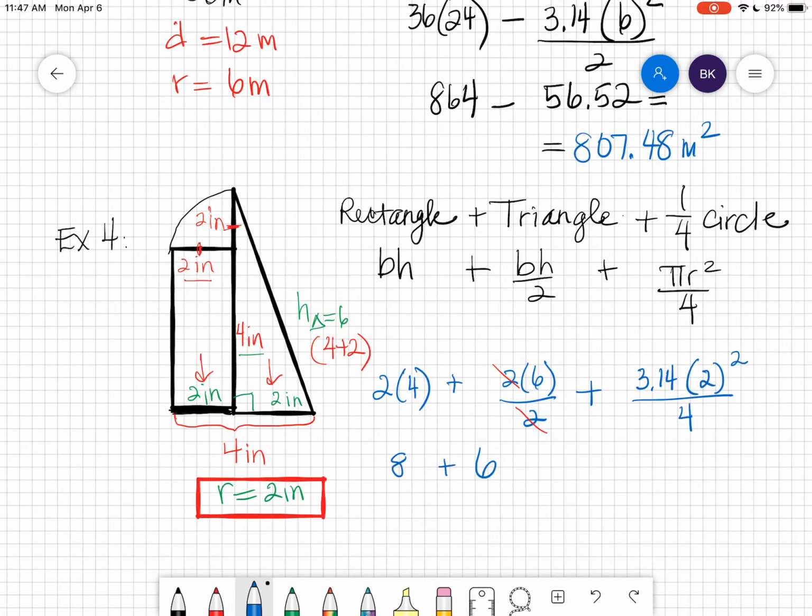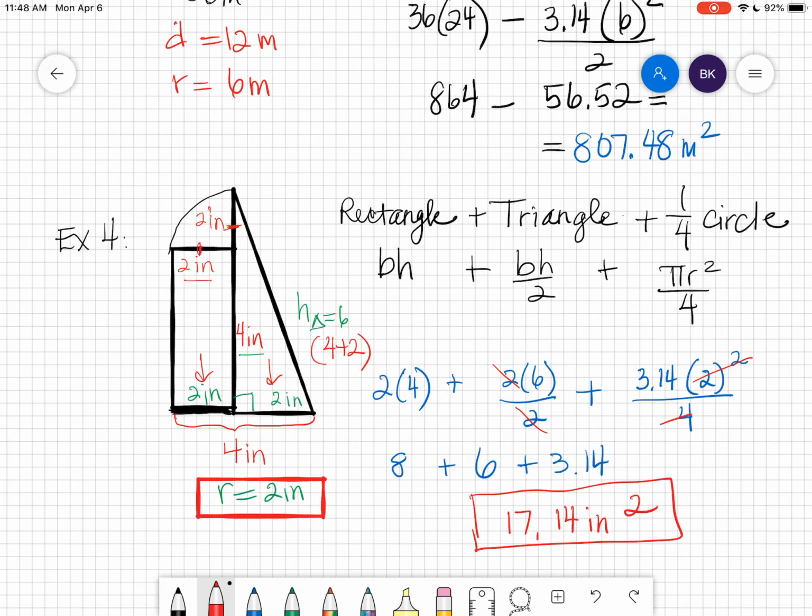And of course, I can cross cancel 4, and 2 squared is 4, so I'm going to cross cancel that as well. And I will only get 3.14. So my final answer when I add them all up is 17.14 inches squared. And that is my final answer.